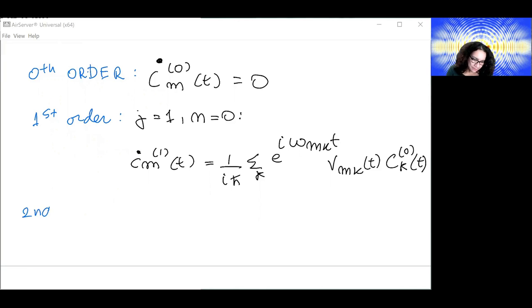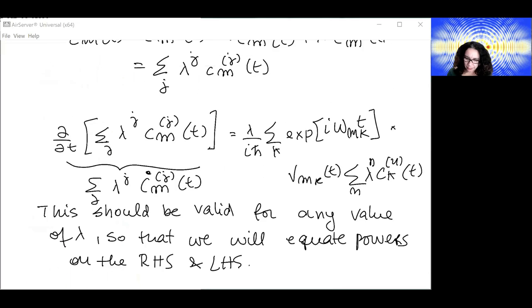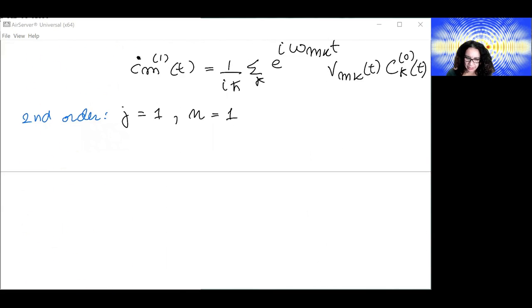So for the second order, we're going to have that j, which is the index we are using on the left-hand side, is equal to 1, and n, which is the one on the right-hand side, is equal to 1, because then we get 1 from here and 1 from this sum. So n equal 1 gives you lambda. Multiplied with this, you get second order. If you have then j equal 2, you have lambda squared here. So actually, I don't know what 1 is doing here, should be 2.